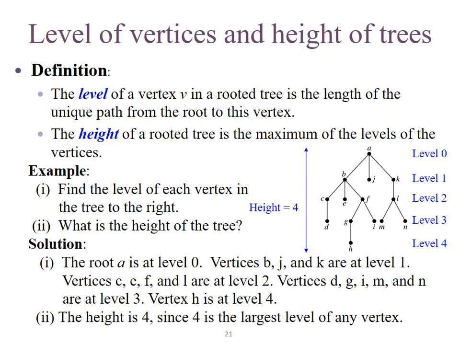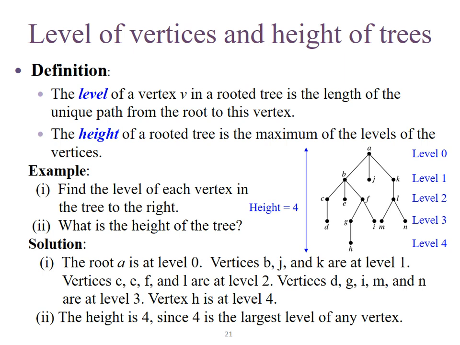All right, let's see the definition of level and height. Okay, so now we have the definition for level and height. The height of a rooted tree is the maximum of the levels of the vertices. So let's see what is the level.